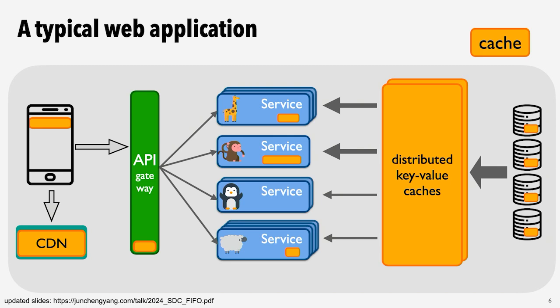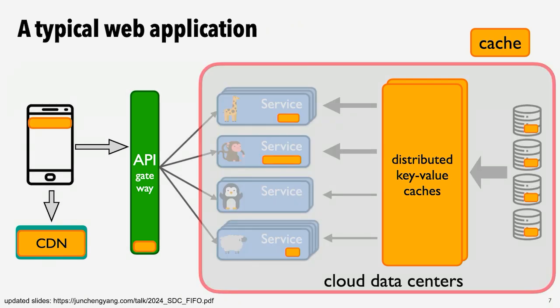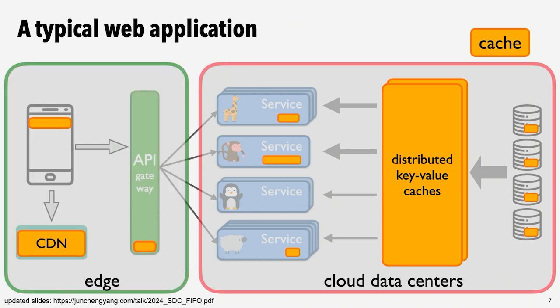So now if you look at this diagram, cache is in almost every box. Some of these caches are run in cloud data centers. Some of them are run at the edge, either in an edge cluster or in an end user device.